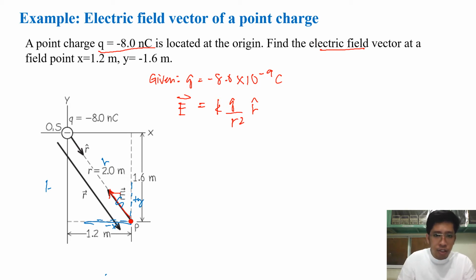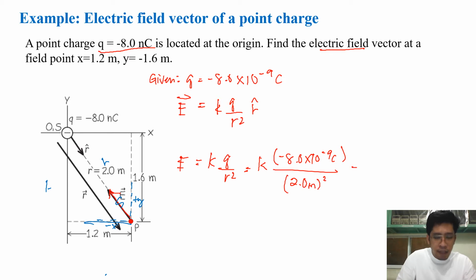Let's get the magnitude first. For the magnitude, E is equal to K Q over R squared. This is equal to K times negative 8.0 times 10 to the negative 9 coulombs divided by 2 meters squared.